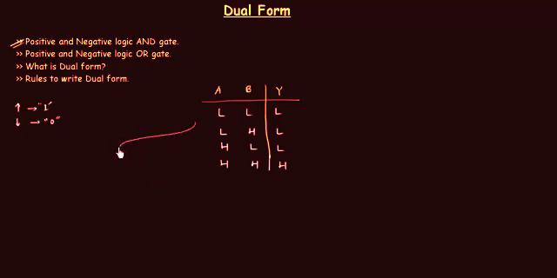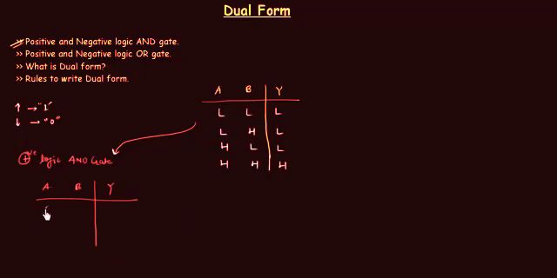So let's do it. First of all, I will find out positive logic AND gate. A, B are the 2 inputs, Y is our output, and now we will fill this table depending upon the convention of positive logic.